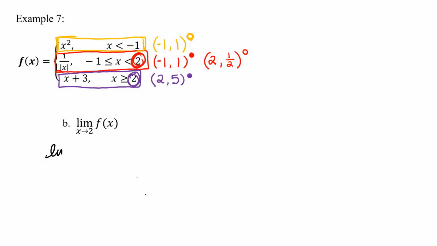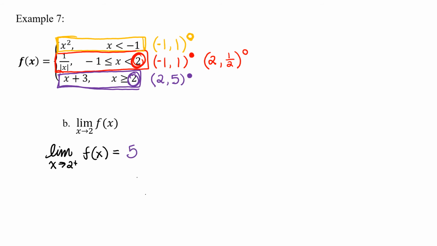So we have the limit as x approaches 2 from the right of f of x. So we're looking at the piece where our x values are greater than 2. So that's going to be this x plus 3 part of our function. So the limit as x approaches 2 from the right is going to be 5.